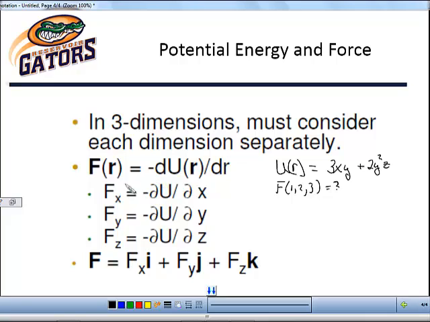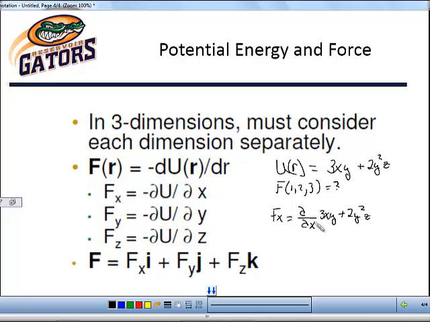Okay, well, this formulation over here says that I need to take the partial derivative with respect to x to find the x component. Well, what exactly is the partial derivative with respect to x? Okay, so it says, well, take the derivative of this, but y is a constant. So it's 3y times, what's the derivative of x?